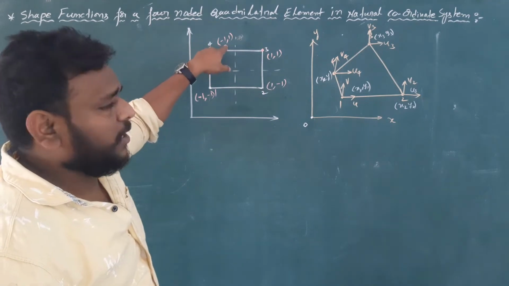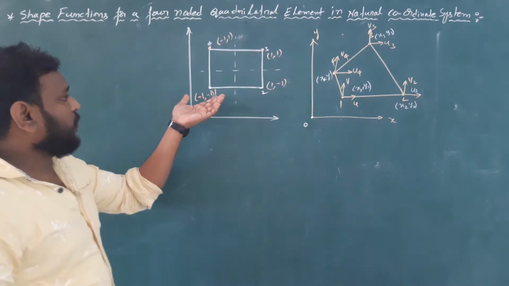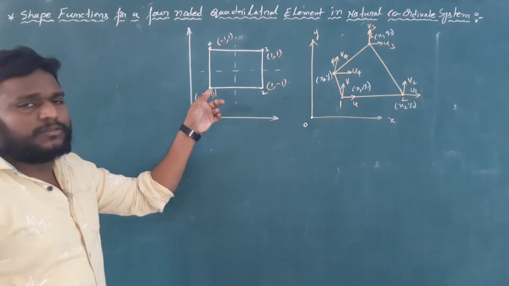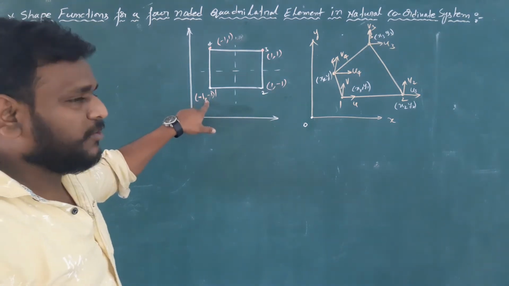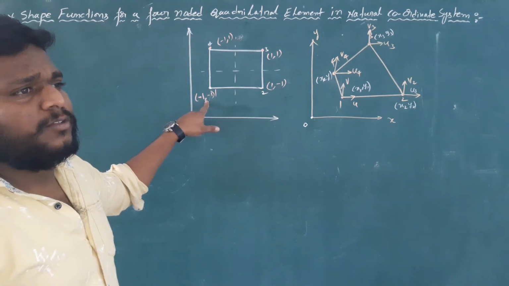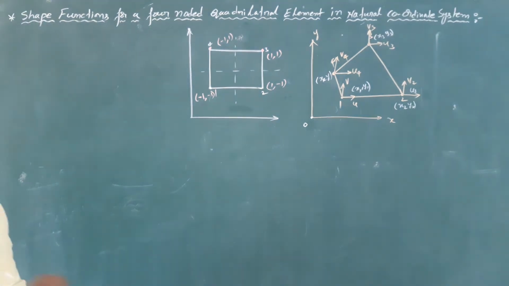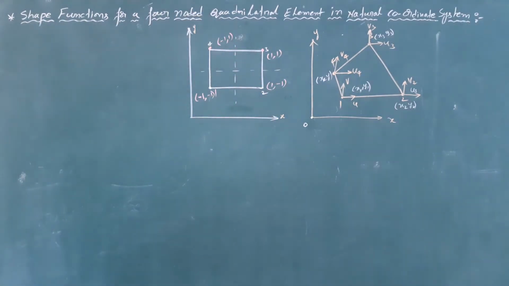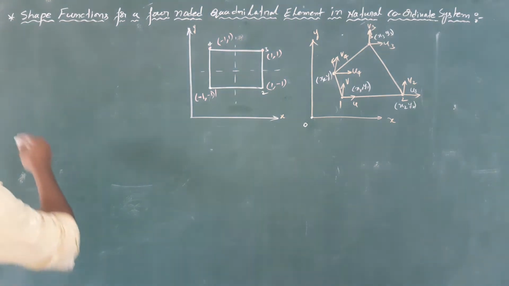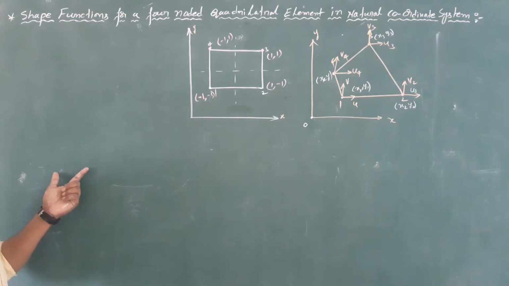That is, x value is -1 and y value is 1. This is the position for the entire quadrilateral element.